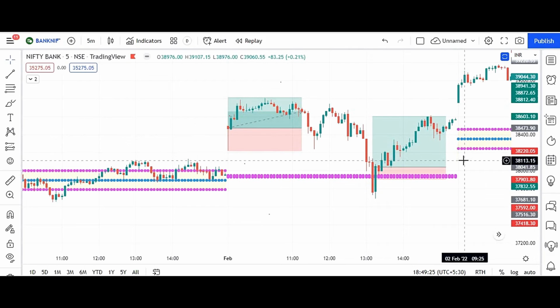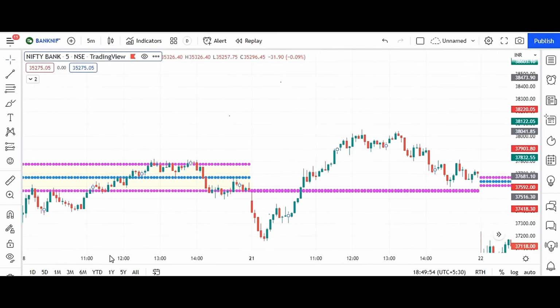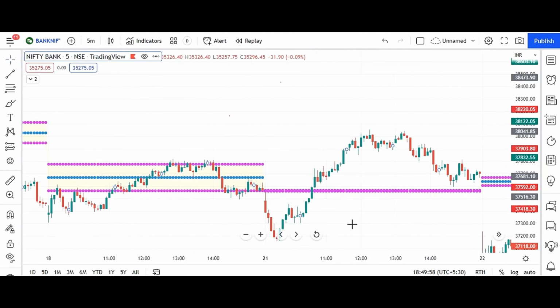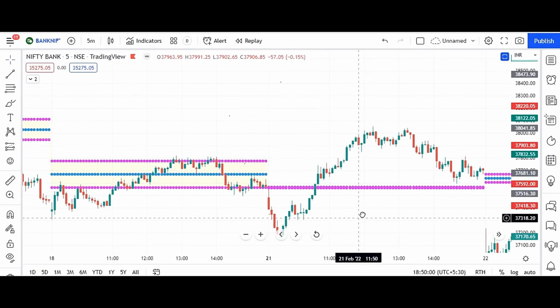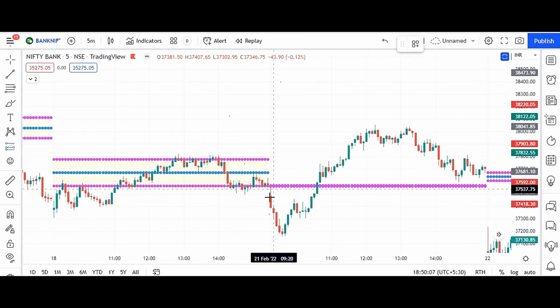Okay. Let's move with another example. Here you see, if you identify this one, this is a special case too, right? Here you can take an entry on this particular candle. This is the breakout from CPR. This is the previous day CPR and this is the current day CPR.